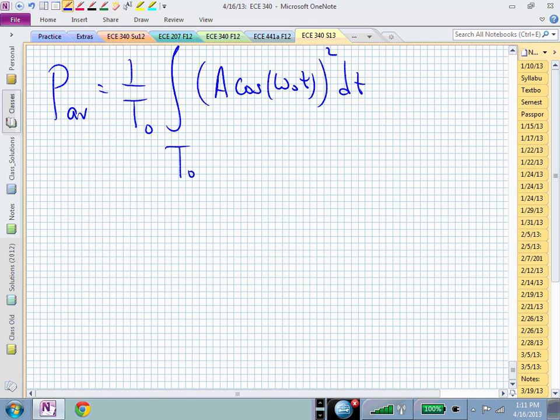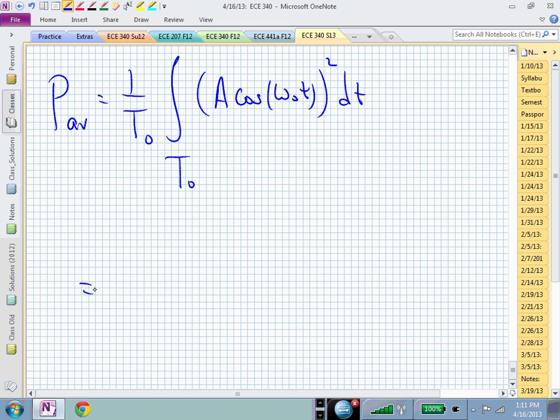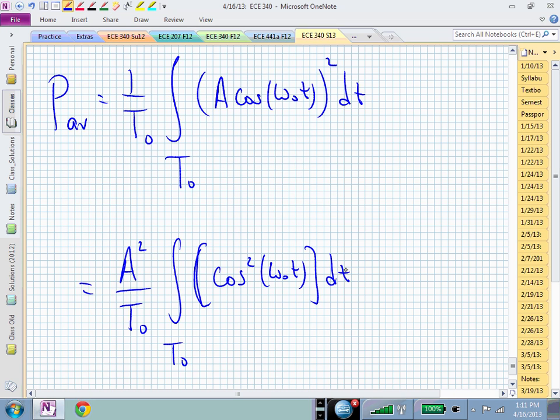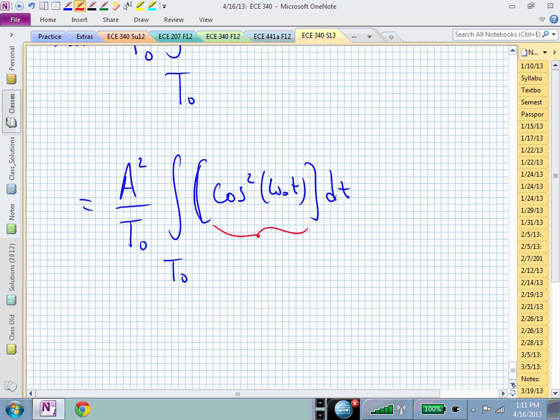Now if we square that integrand and factor the amplitude out, we have A squared over T naught, integral over T naught, and now we have cosine squared omega naught t. But this is why you have all of those formulas memorized in chapter B, right? Cosine squared is 1/2 plus 1/2 cosine of 2 omega naught t.